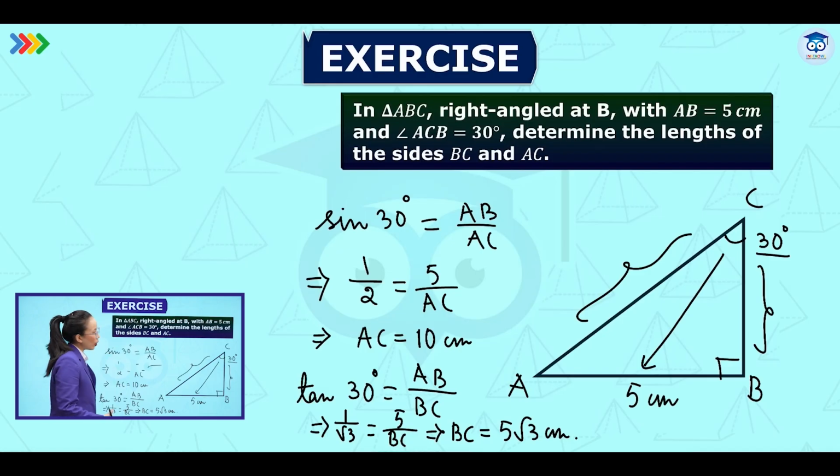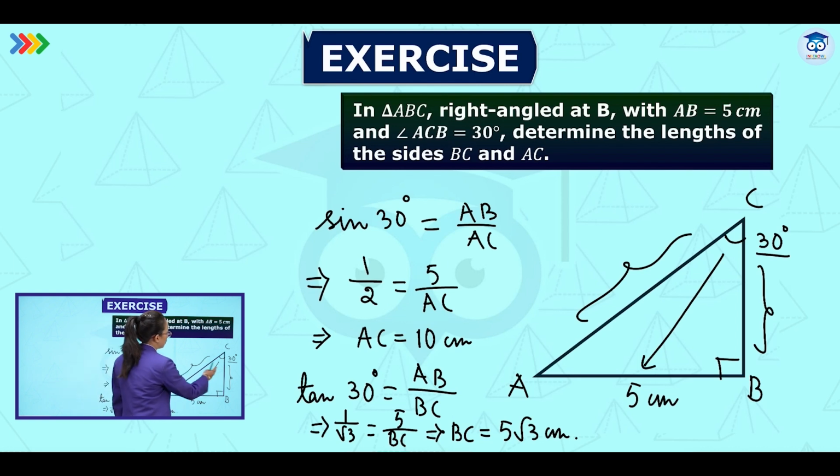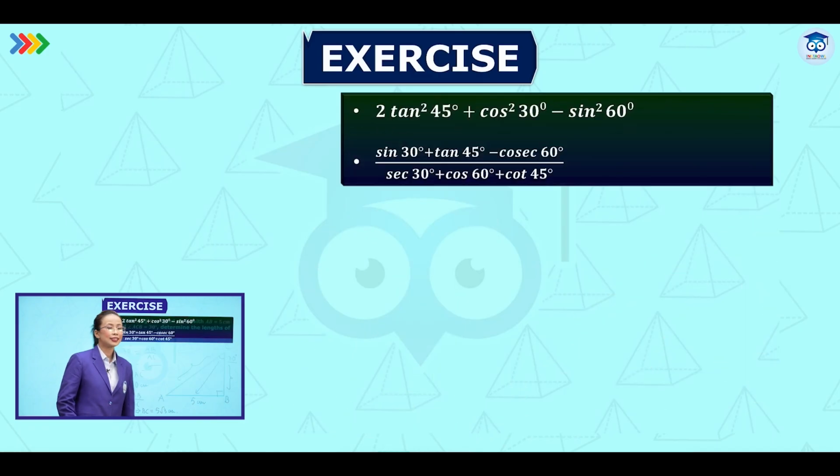Now if in the question the root 3 value is given, then you have to substitute and calculate 5 into the root 3 value. Otherwise, you can leave it like that. So, like that, if you know one angle and one side, you can find out the remaining sides using the trigonometric ratios.